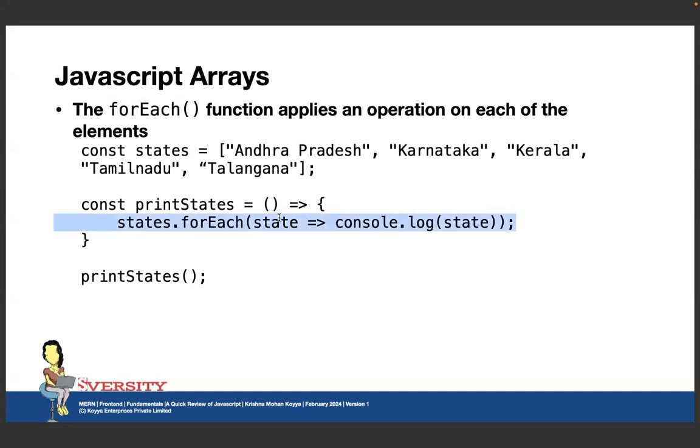But who will give the value of this state? That is the beauty of this forEach function. So the forEach function on a given array will iterate through all the elements, each element at a time from this array, and push that value into this function.